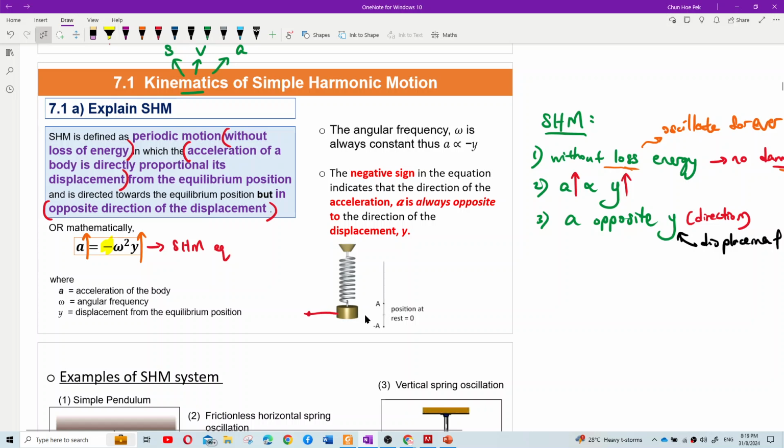It goes up, goes back down, and goes up back to the equilibrium position again. The center is what we call equilibrium. So this block goes up, goes down, and goes back to the same position. This is what we call a period.